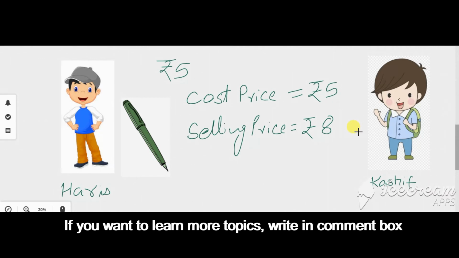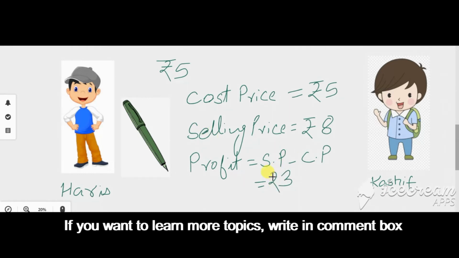So how will we calculate profit? We can calculate it by subtracting cost price from selling price. Yes, it's very easy. So 8 minus 5 will be 3. So Haris got 3 rupees as a profit.